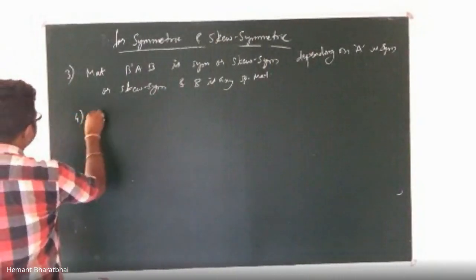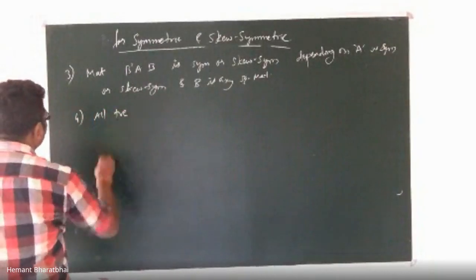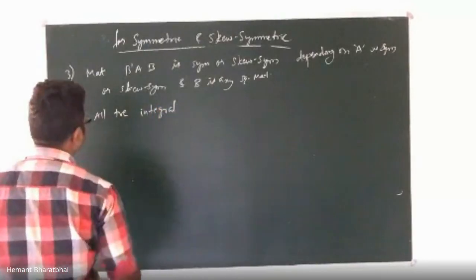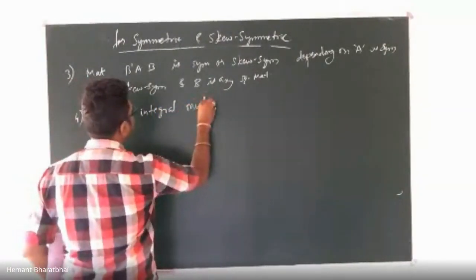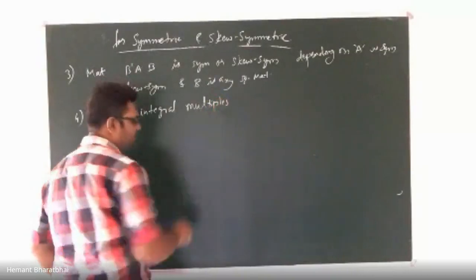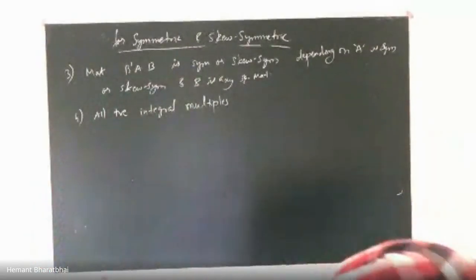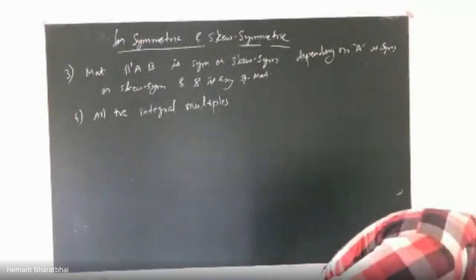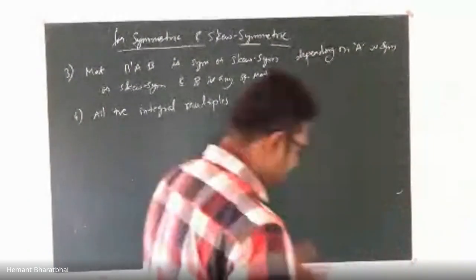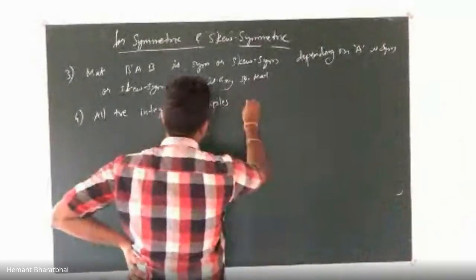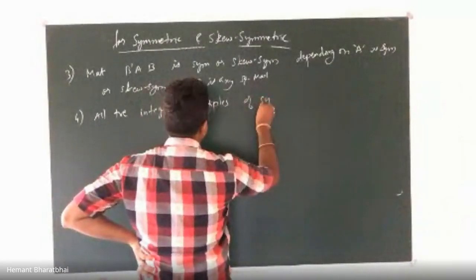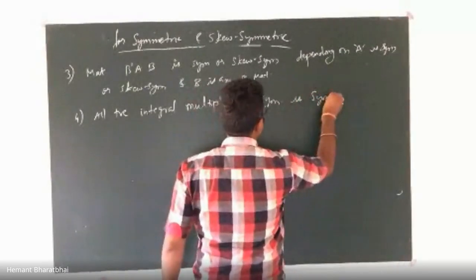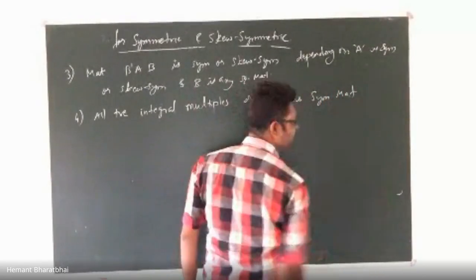Next important property: all positive integral multiples of a symmetric matrix are symmetric matrices.